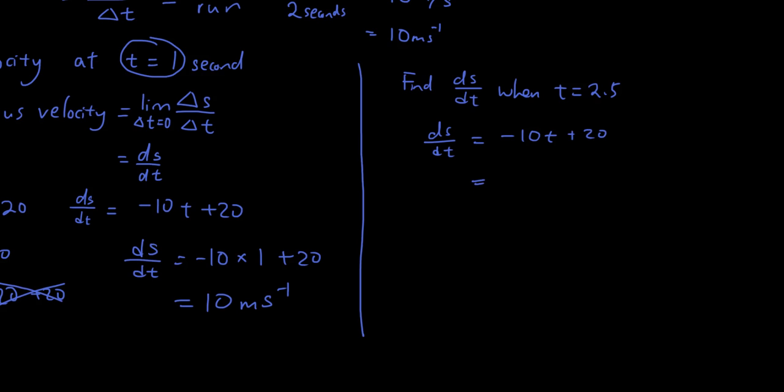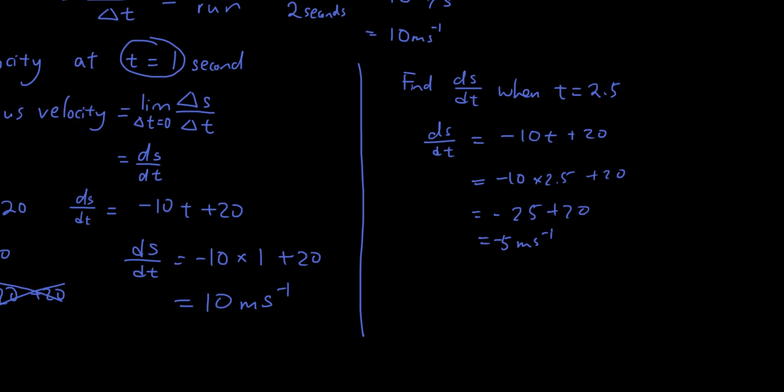So if we have negative 10 times 2.5 plus 20, so that's negative 25 plus 20, which is negative 5 meters per second.